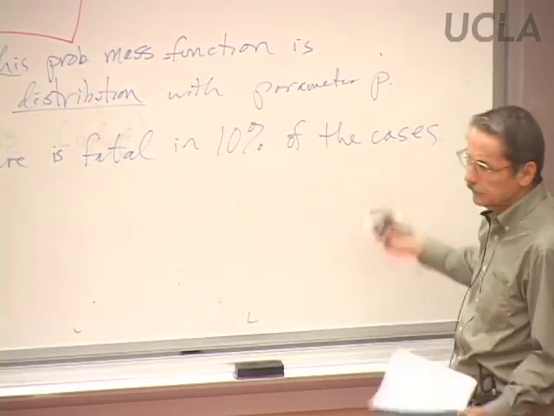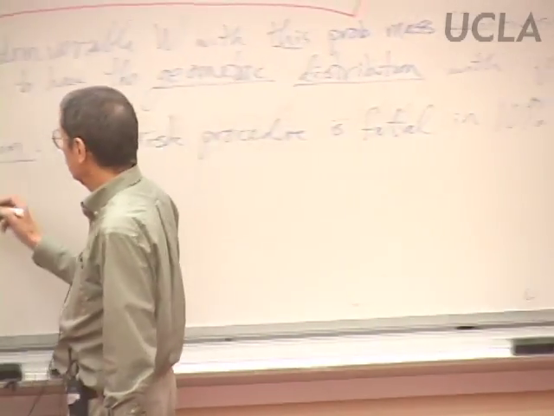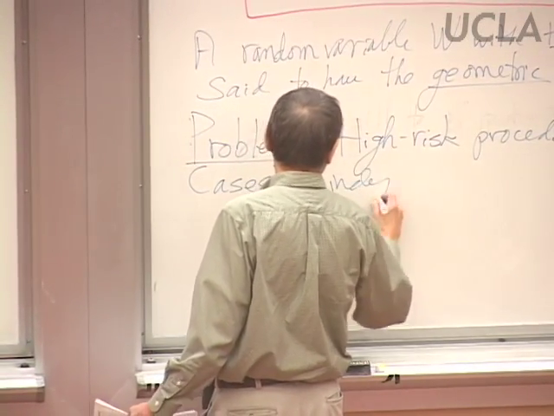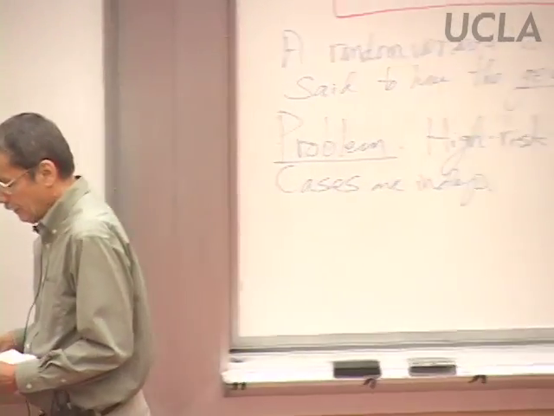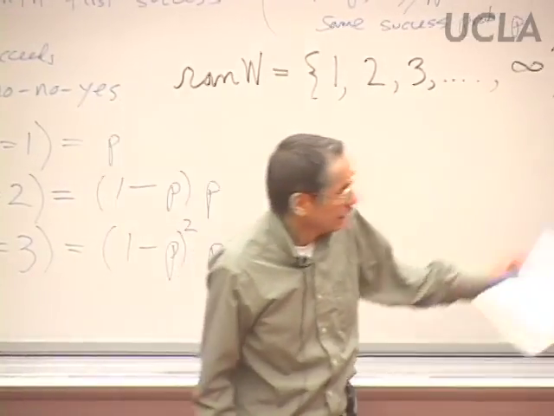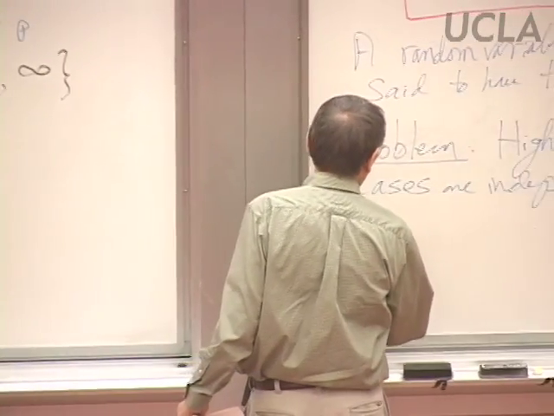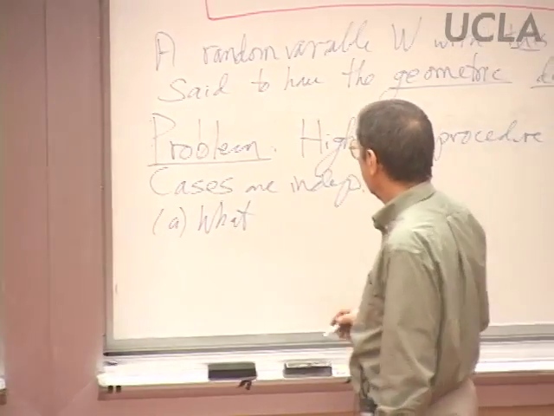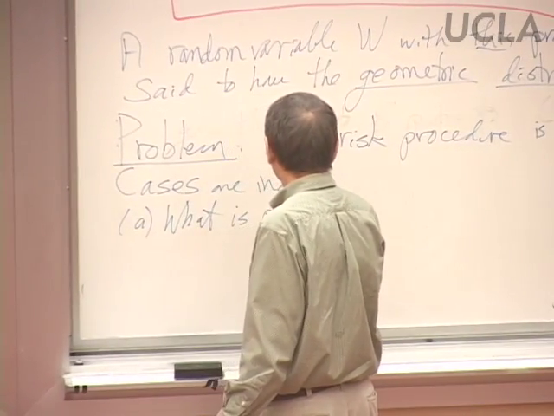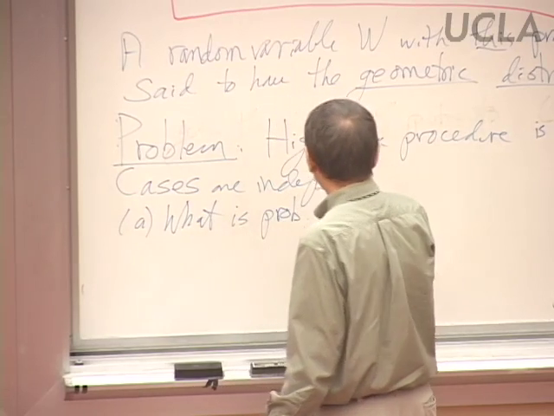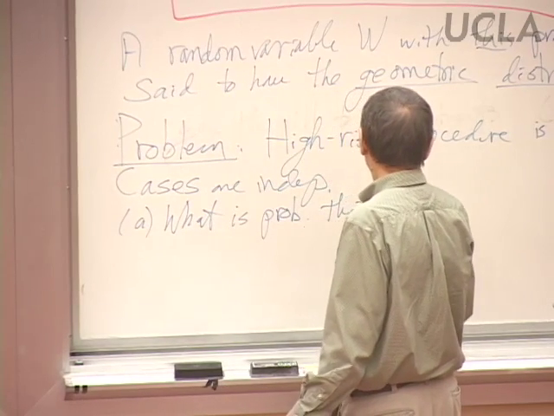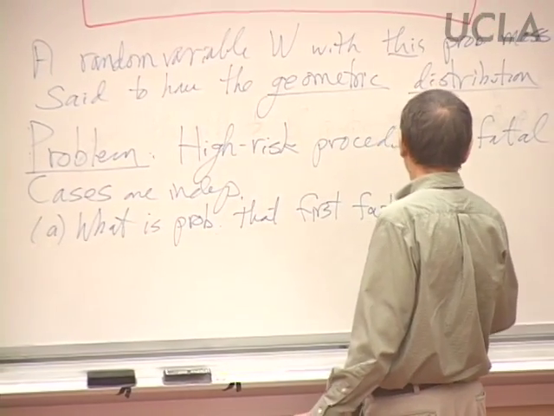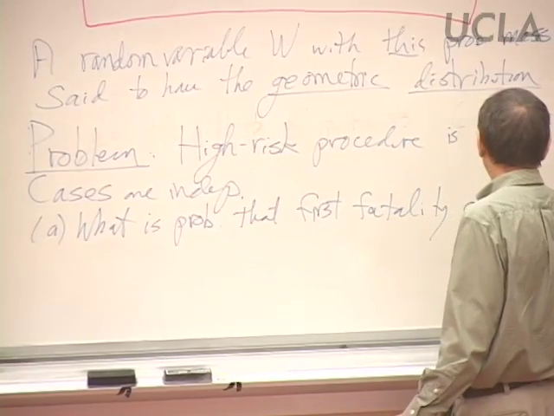And of course, the cases are independent, as far as it's reasonable to assume that, so let's assume that. So if we perform this procedure every now and then, we could ask, what's the probability that the first fatality occurs with the 8th patient?